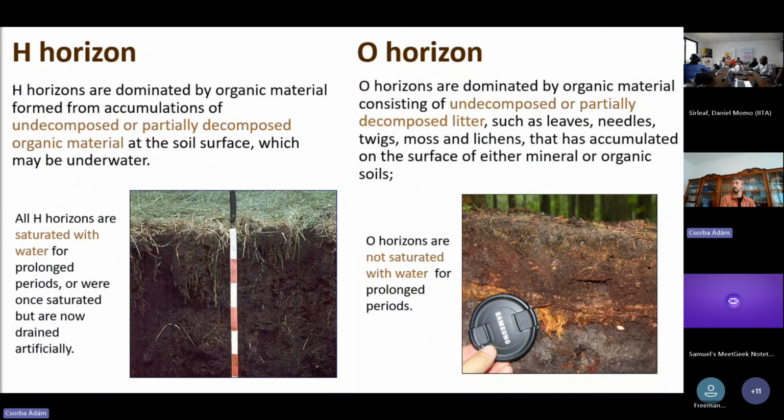The second organic horizon is the O horizon. It's very similar to the H horizon, but fundamentally they are very different. The O horizons also consist of undecomposed or just partially decomposed organic material, but as you can see, these horizons consist of leaves, needles, twigs, mosses that accumulate on the surface of mostly forest soils.